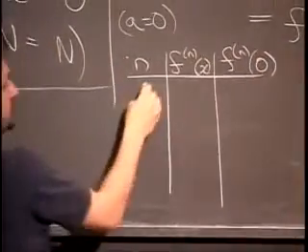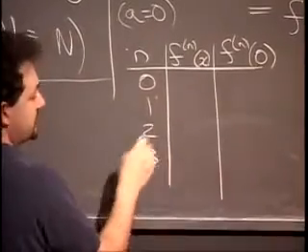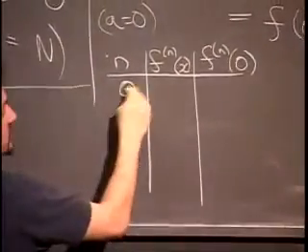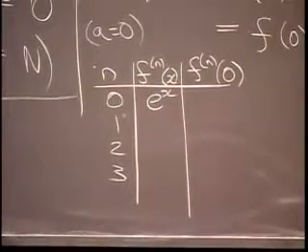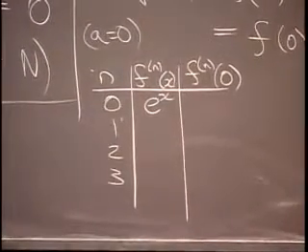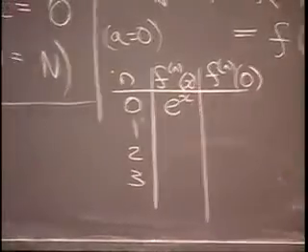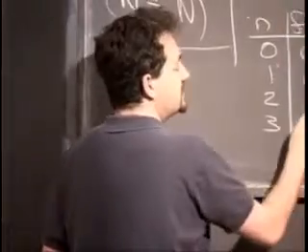And let's just do 0, 1, 2, 3 to get the idea. So the function itself is e to the x. Remember, the function is the 0th derivative. Take no derivatives, you just get your function. However, the first derivative is e to the x. The second derivative is e to the x.